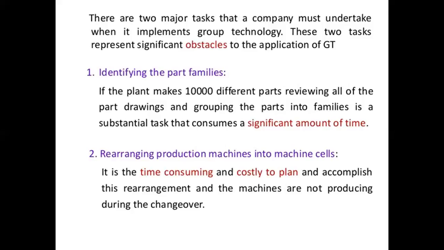Coming to the second one, rearranging the production machines into machine cells. It is very time consuming and also very costly to plan and accomplish the rearrangement. Let me give you one example. We first want the workpiece to go under the lathe, later milling and drilling.